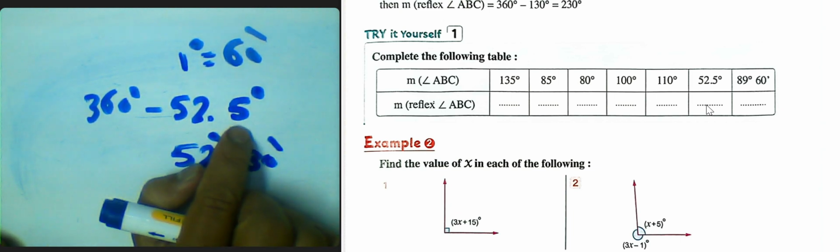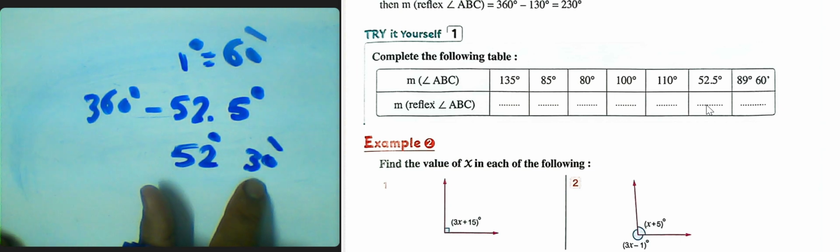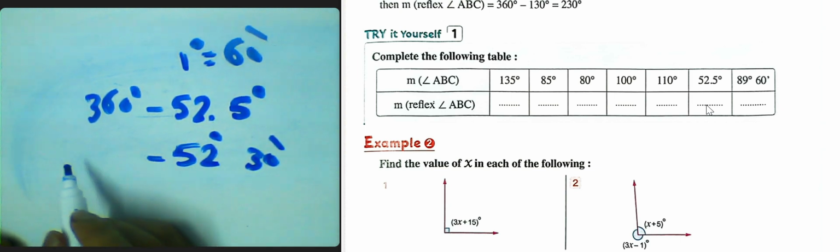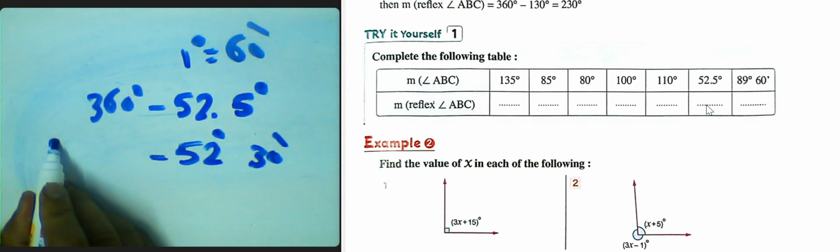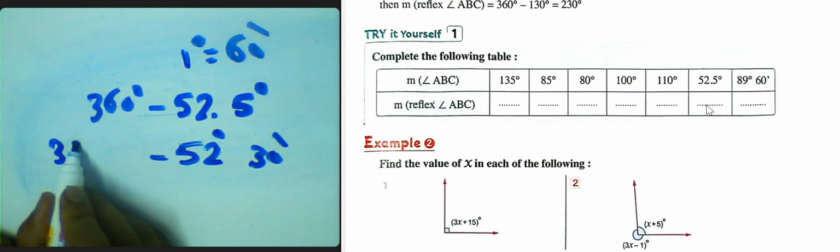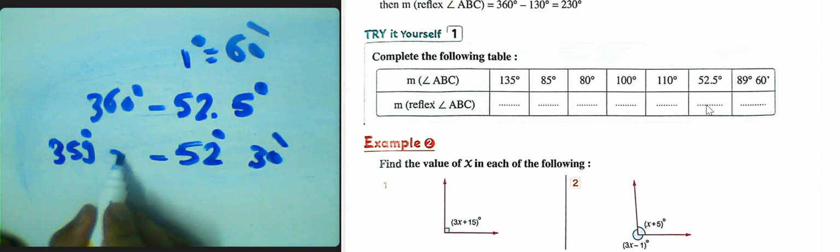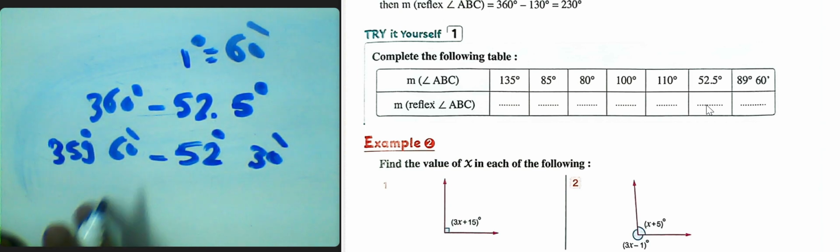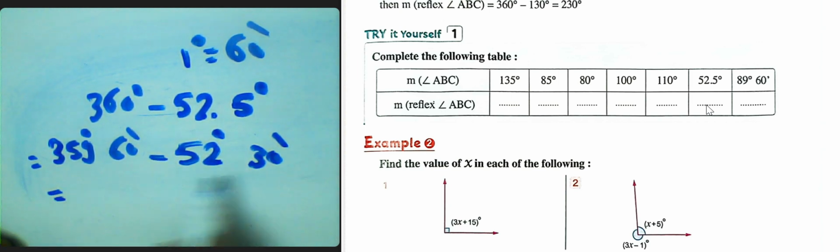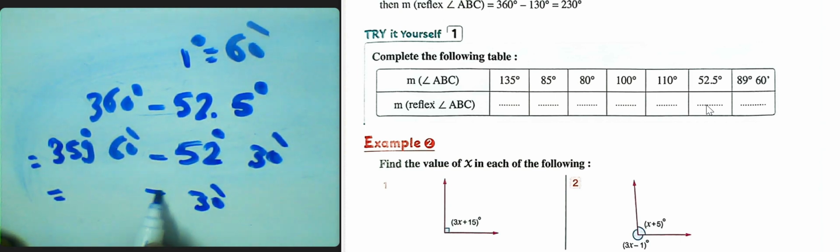Okay, then half of 60 is 30. And 360 degree, we can write it as 359 degree and 60 minutes. Then 60 minus 30 equals 30, and 9 minus 2 equals 7, and 5 minus 5 is 0, and 3. The result will be 307 degree and 30 minutes.